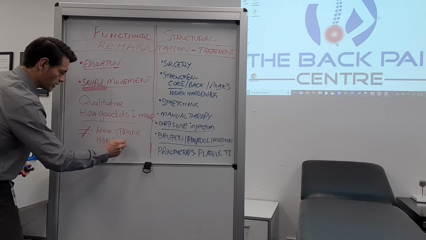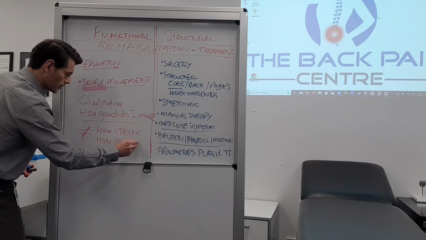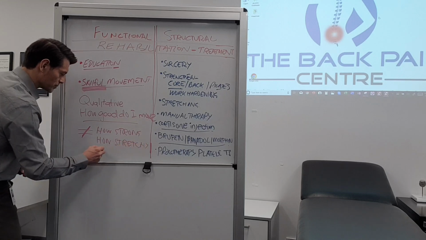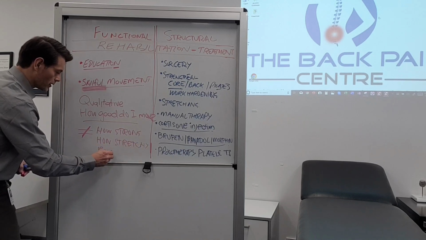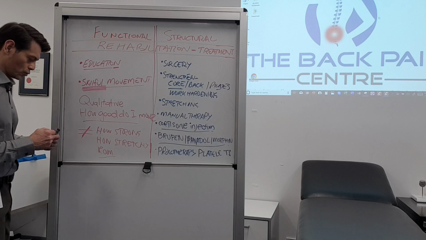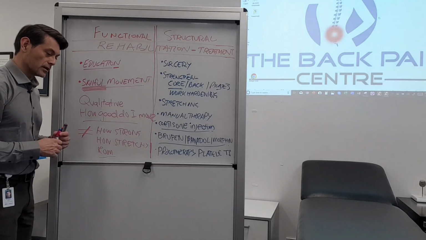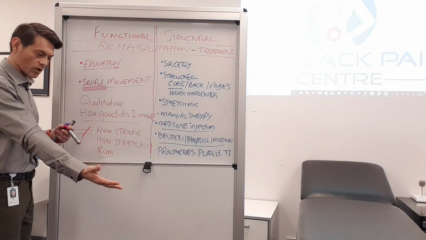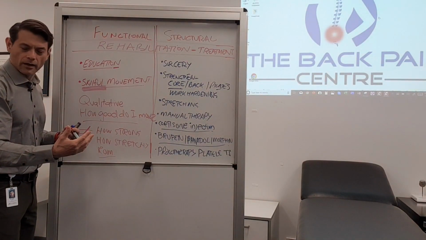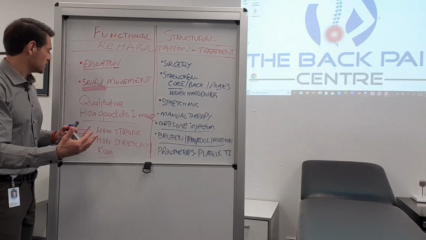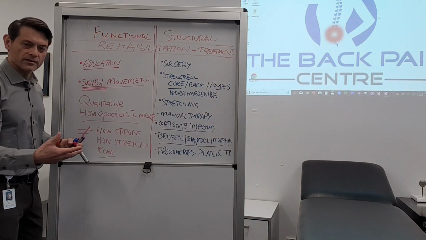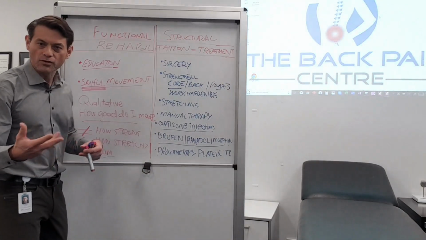How much mobility, or what's my range of motion? Often people who manage back pain and musculoskeletal conditions will want to know what the range of motion is. Can I turn my head a certain number of degrees this way or that way? And we use that as our metric to determine improvement or not.